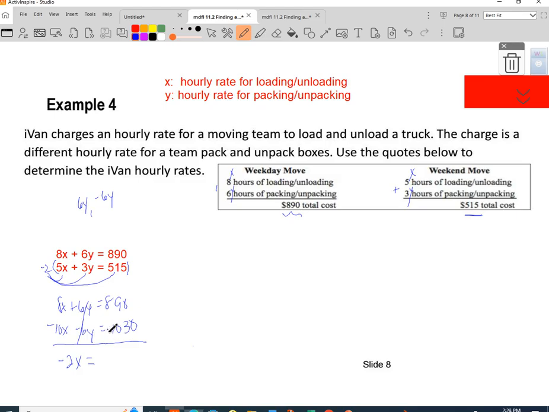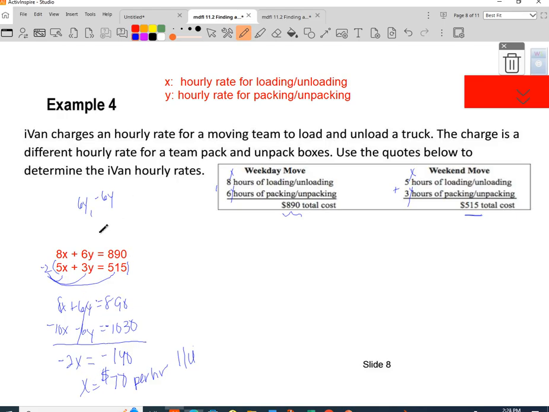Oh, I forgot to put my negatives down here. You see that that's negative 140. I divide both sides by negative 2. And so my hourly rate for loading and unloading is $70. So it's $70 per hour for loading and unloading.